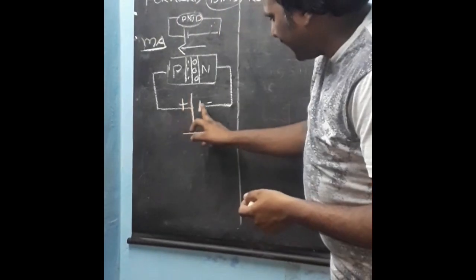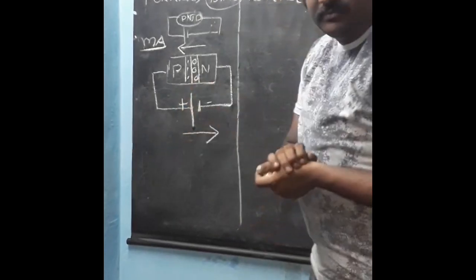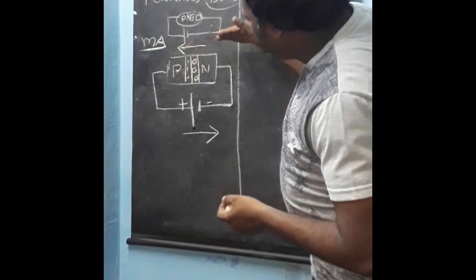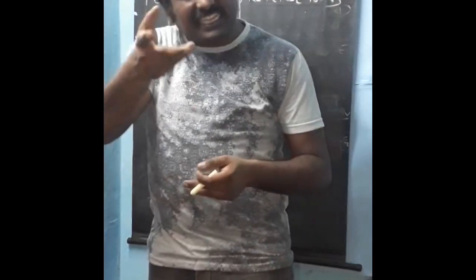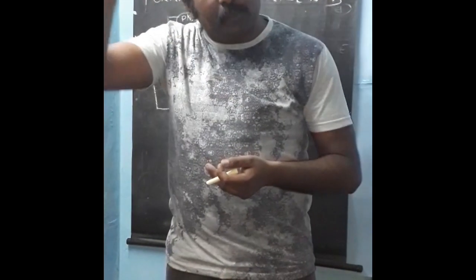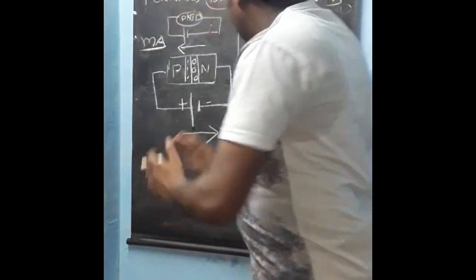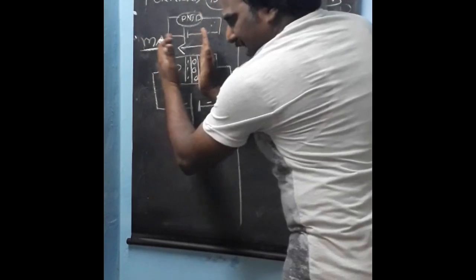If you look at the battery, the electric field is from positive to negative. In the depletion layer, it is from holes to electrons, positive to negative. Both electric fields are in opposite directions, so the electric field decreases. If the electric field decreases, the potential barrier or depletion layer decreases.